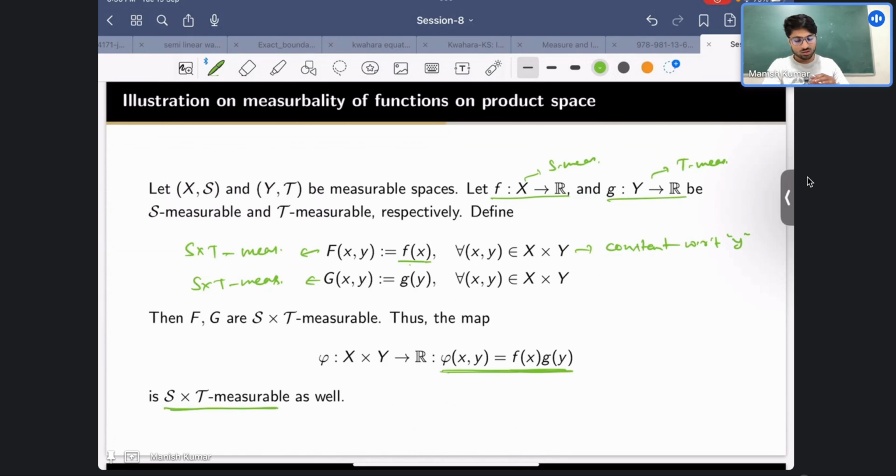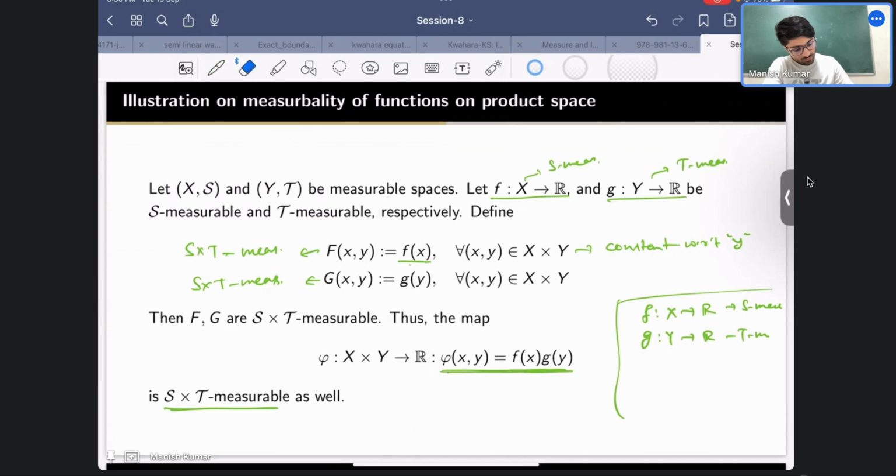So the overall result is that if you have f from X to R which is S measurable, and g from Y to R which is T measurable, then the function f(x) times g(y) is S cross T measurable. That's the whole conclusion from this example.